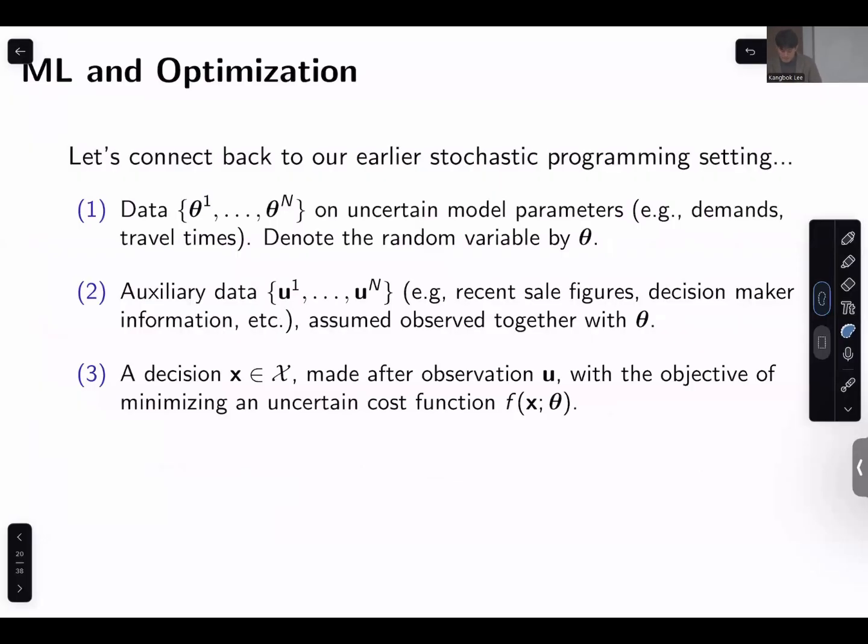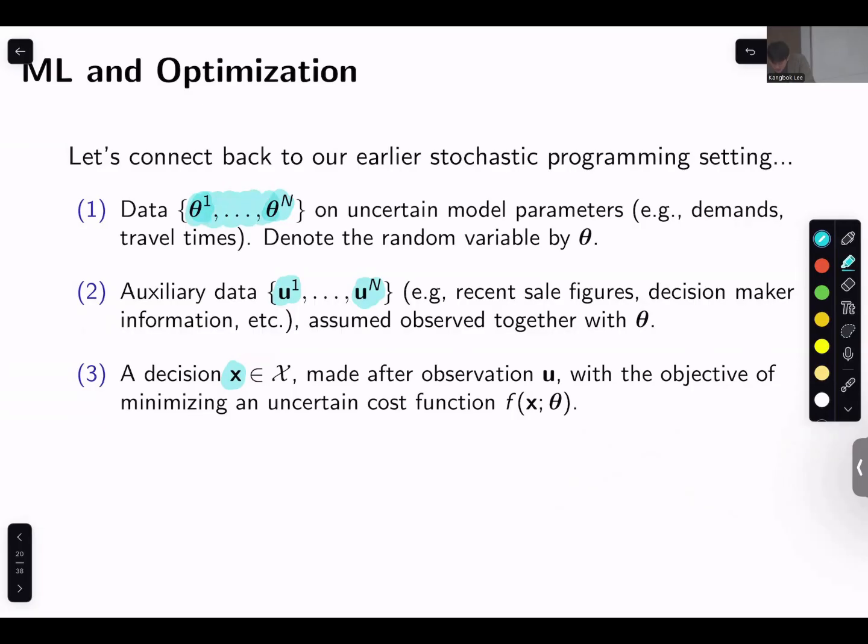and machine learning. So let's connect back to our earlier stochastic programming setting where we have a bunch of data, theta 1 to theta n, these are the observed modeling parameters. And you're going to make a decision. But now what is different in this setting is that you also observe some auxiliary data that you believe have led to these parameters.